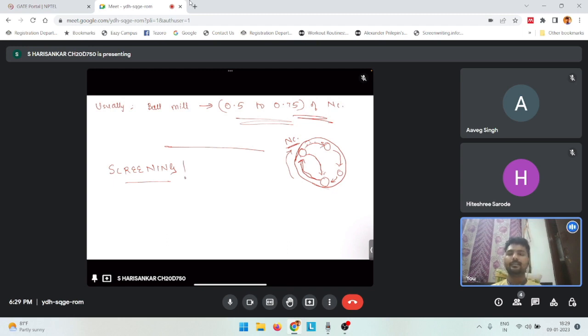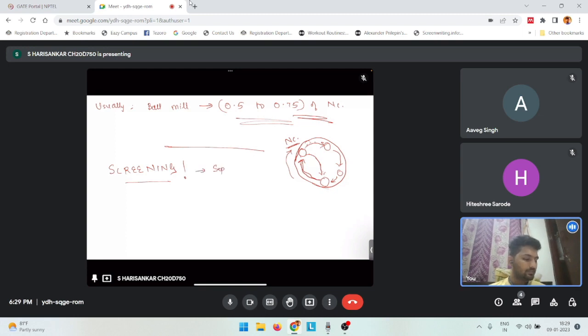So you must have seen this screening in a lot of places. For example, construction workers screen the sand that they are using, with a screener to separate out the particles based on their size. So that is basically what screening is.